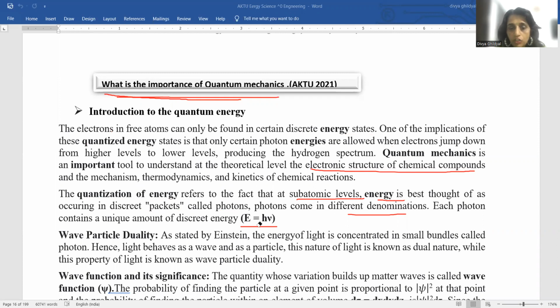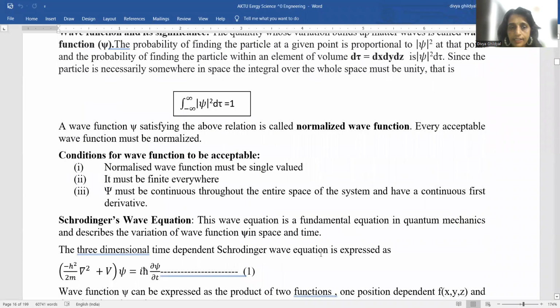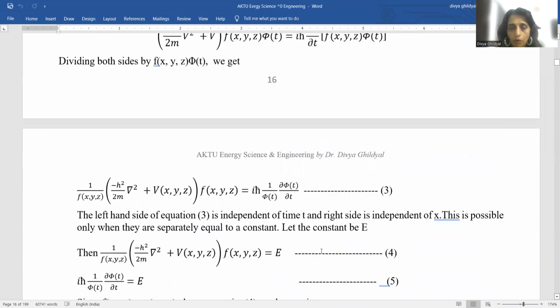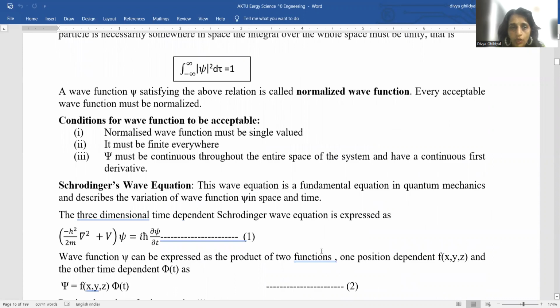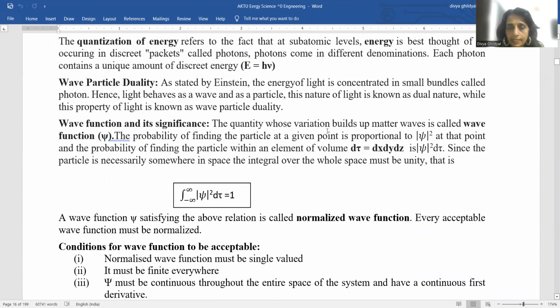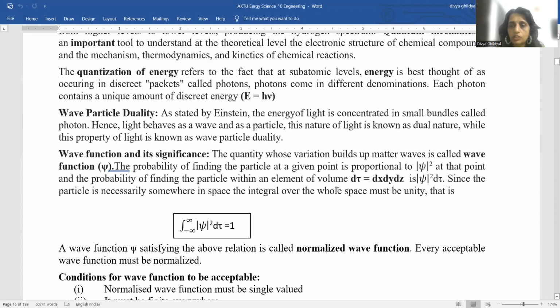This dual character of light was shown by de Broglie's wavelength, which stated that lambda is equal to h upon p.